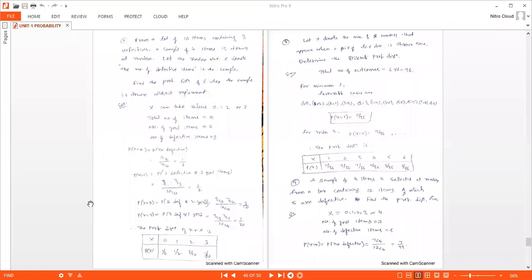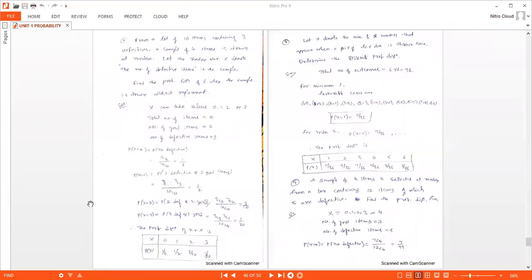Next, probability of x equal to 3. Probability of x equal to 3 means we need to select 3 defective items. So that is probability of 3 defective items and 1 good item, because we need to draw 4 samples at random.